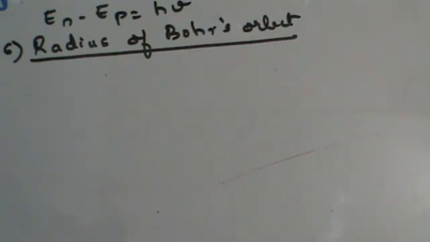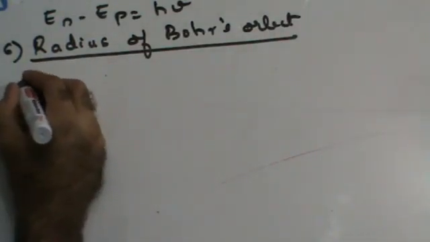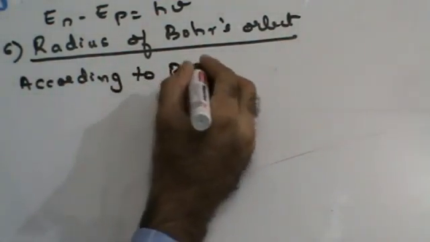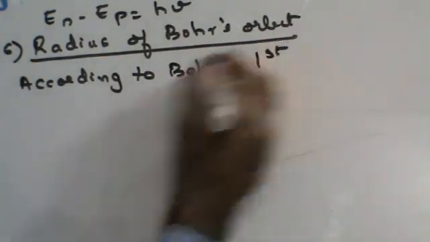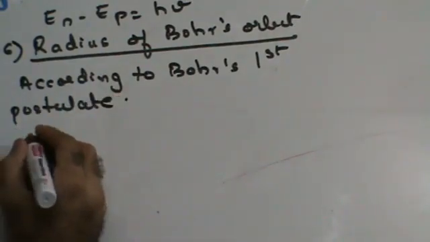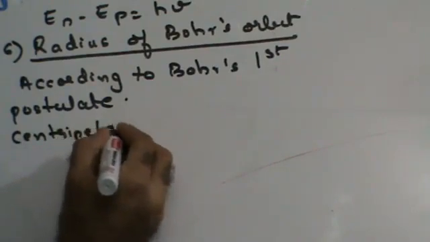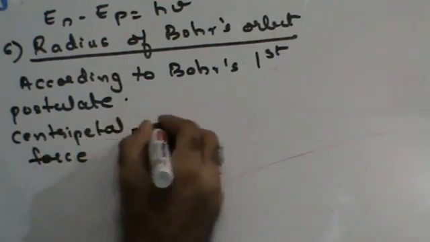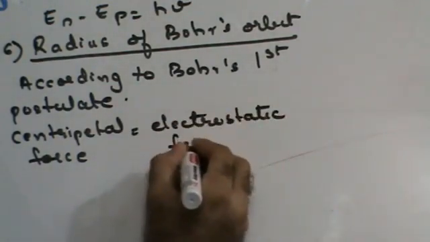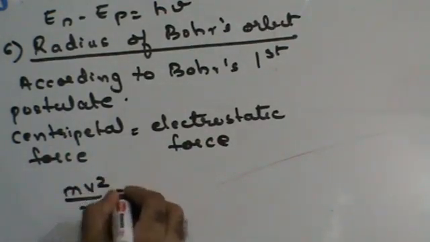Okay, now let's try to find out the theory. According to Bohr's first postulate, I can say that centripetal force is equal to electrostatic force. Centripetal force is nothing but mv square by r.